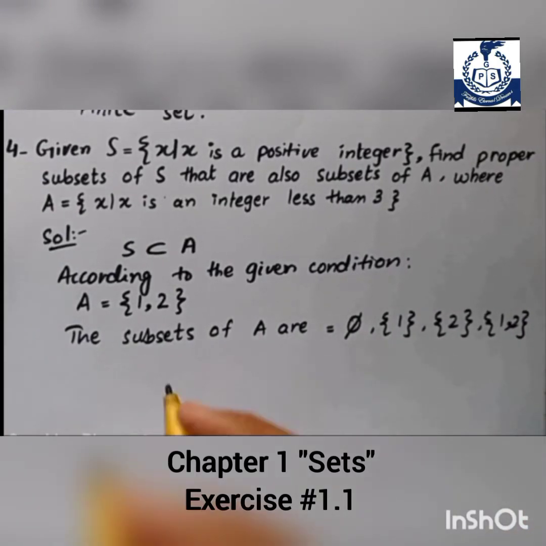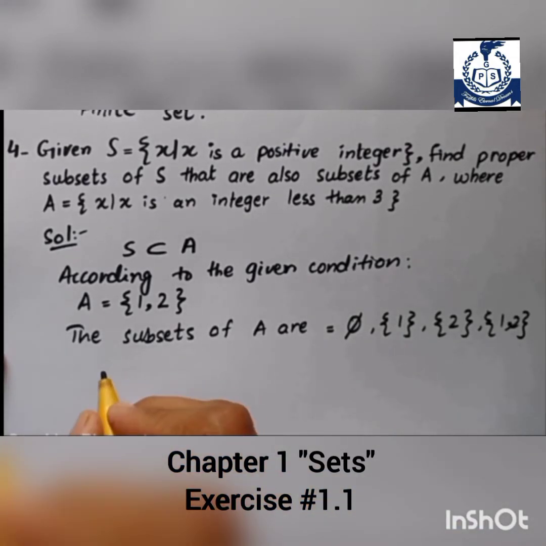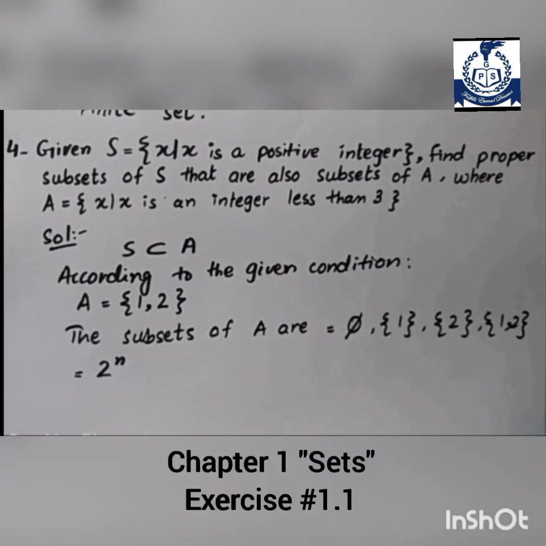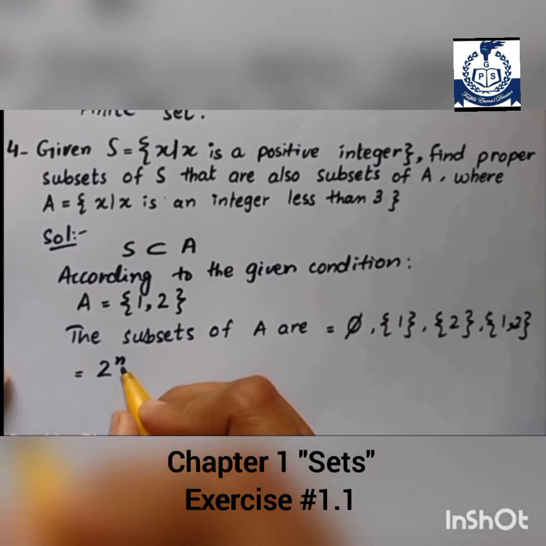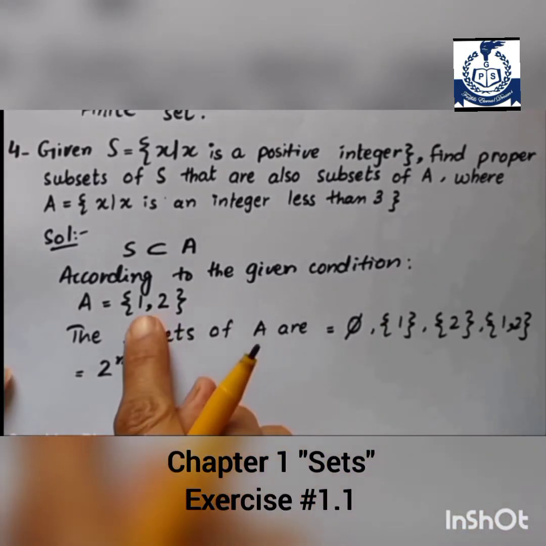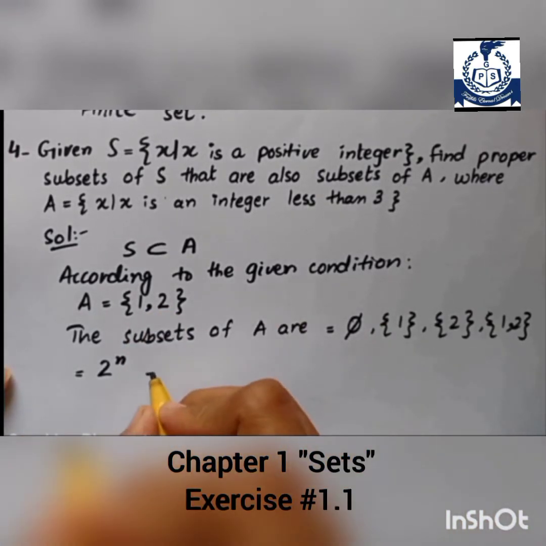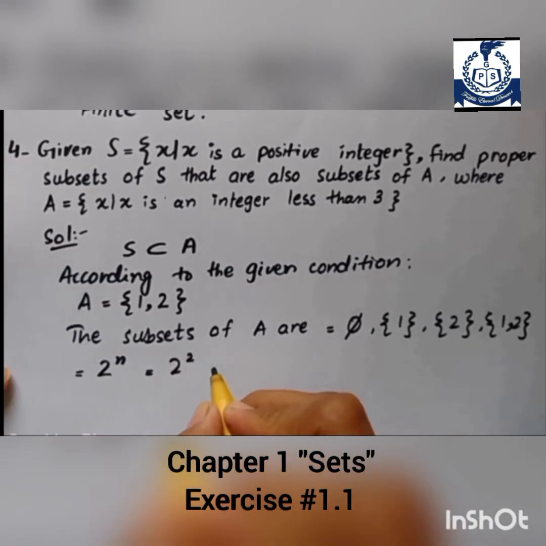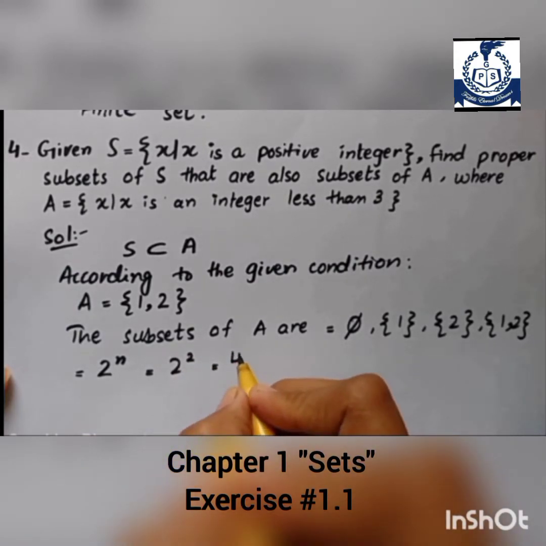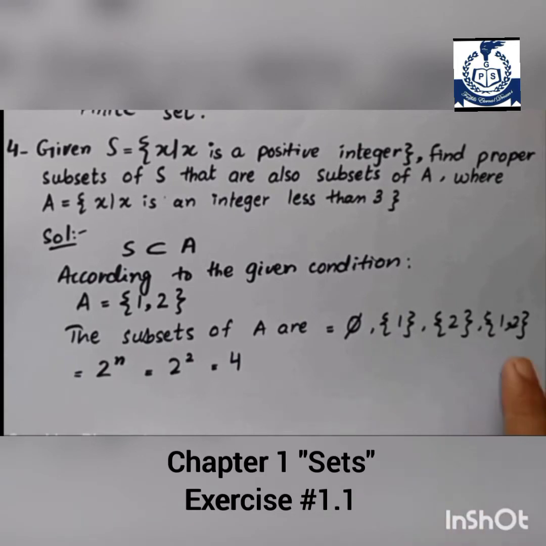A is equal to {1, 2}. So A has a set of 2 elements. So here we can write 2 power n. A has 2 elements in a set, so n is equal to 2, so 2 square is equal to 4.